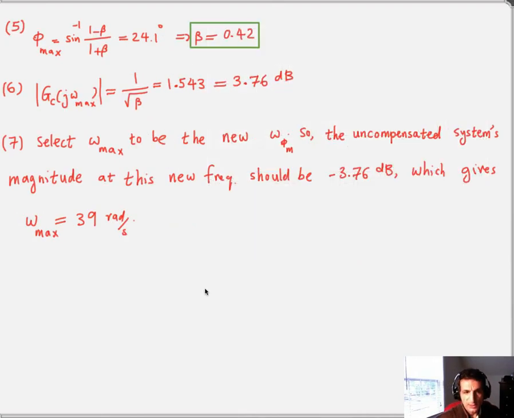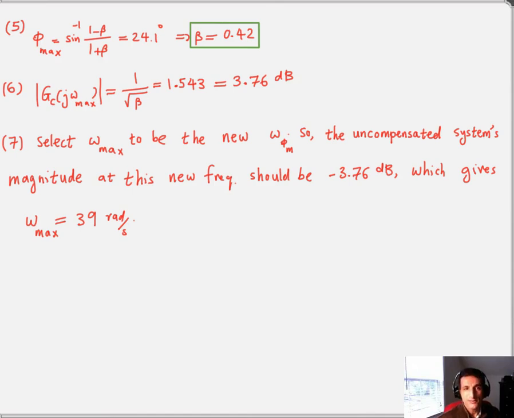So next, step 5 would be to just use this equation to find beta, and the beta is going to be found to be 0.42. Step 6 would be to find the associated value of the magnitude of the lead compensator, which is going to follow these equations. If you just plug in beta of 0.42, you get 1.54, which is equal to 3.76 dB.